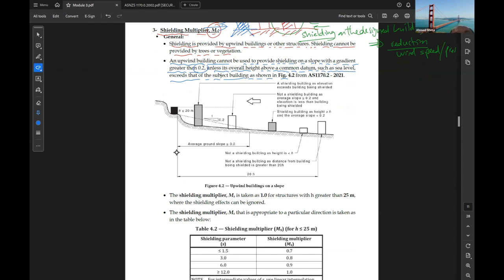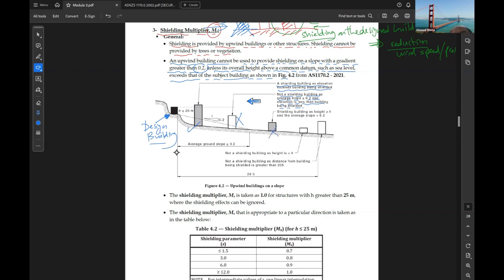If we are designing this building and the wind comes from here, this can be considered a shielding building as the elevation exceeds the building being shielded, but this one cannot be considered because its average slope is more than 0.2 and the elevation is less than the building being shielded. Similarly this one.